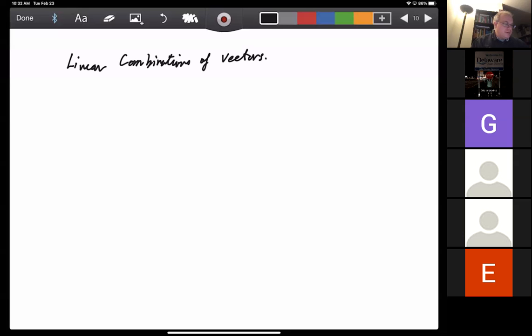So all that means is that, let's say we've got two vectors, x and y, are vectors with the same number of components. Let's say n components. We're allowed to add or subtract the vectors, right?